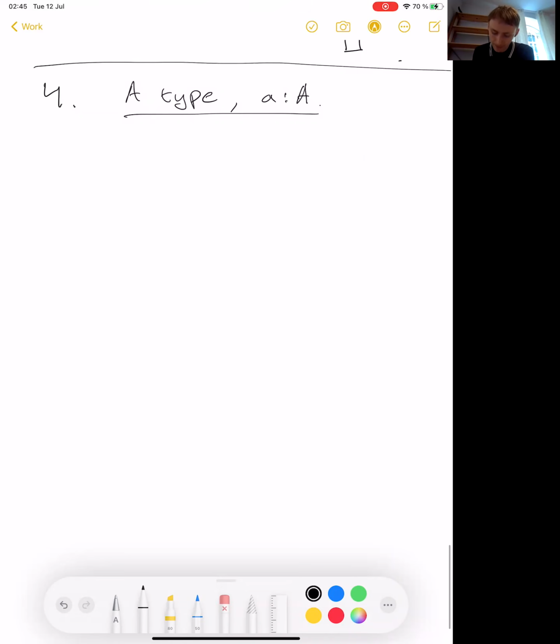Let's consider the type sigma x : A, a equals x. So what is this type? Well, this type consists of pairs.